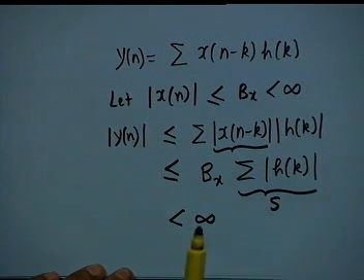Now we have to prove it conversely. What is the converse statement? That if the output is bounded, if the absolute value of y of n is less than infinity, with x of n bounded, then S should be less than infinity.